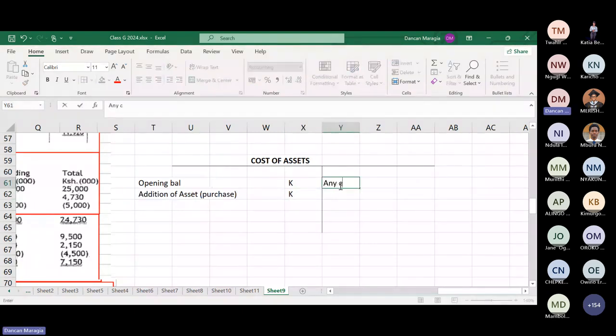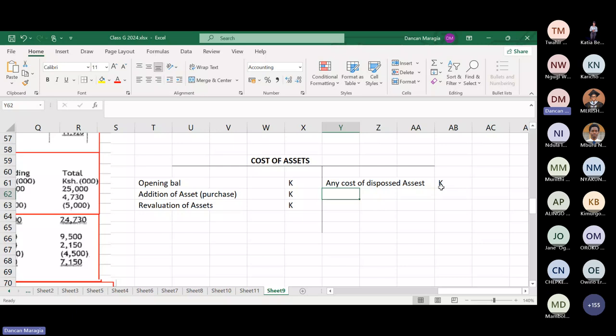Any cost of disposed asset will usually go to that side. If you revalue assets in the year, revaluation of assets will usually go there. Then at the end of the year, you say balance carried down.